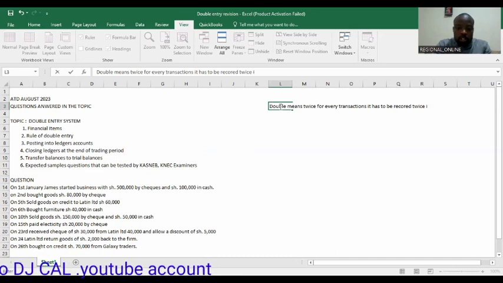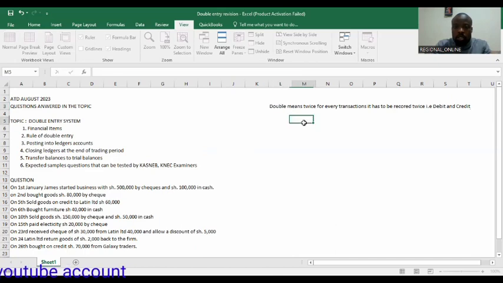The simple term that you normally use in accounting is that there must be a debit and there must be a credit. So one transaction is recorded twice, once on the debit and the other on the credit. It depends on the question and the kind of transaction: when are you supposed to take it to the debit and when to the credit?